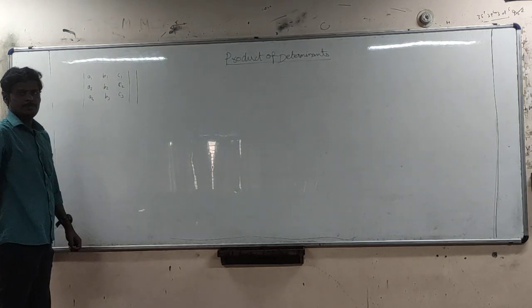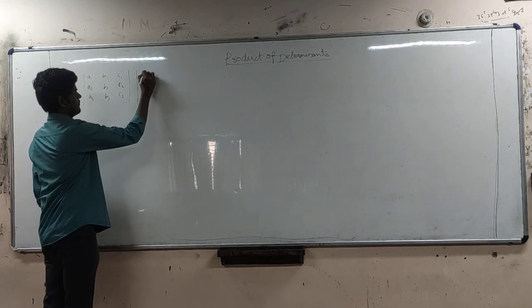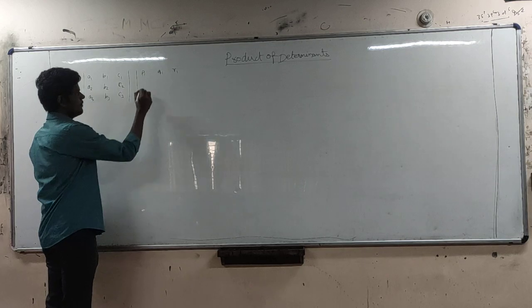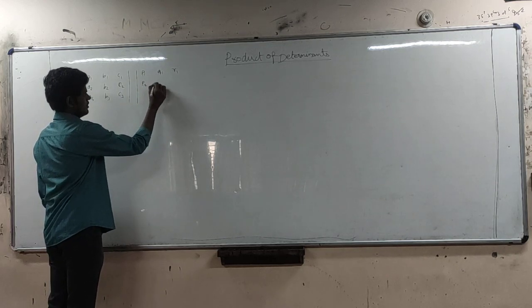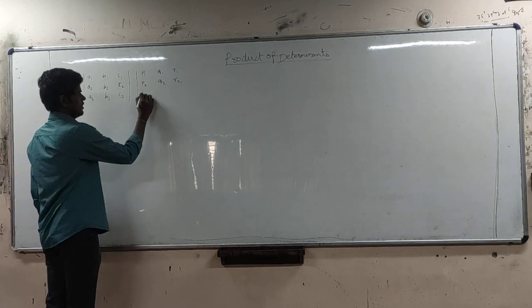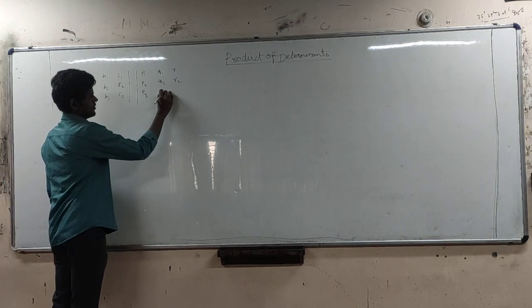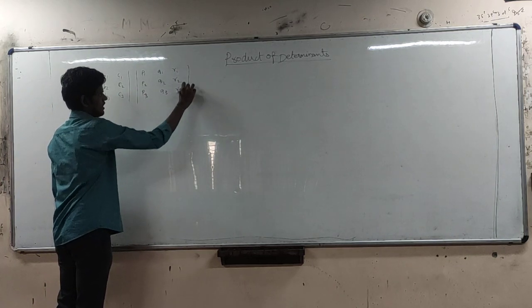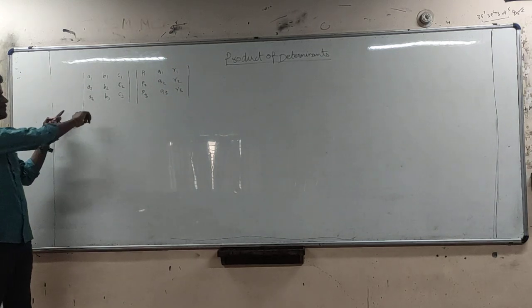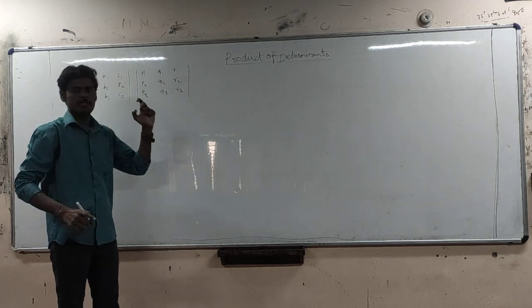And the second determinant be P1, Q1, R1, P2, Q2, R2, P3, Q3 and R3. So how to multiply these two determinants?